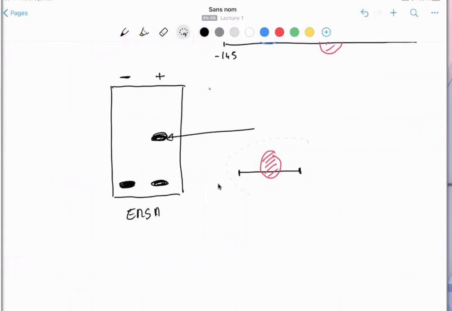And this complex here is this. You agree or not? But if this fragment can interact with two proteins, what will we have here?